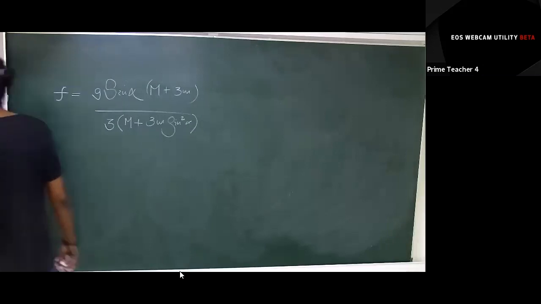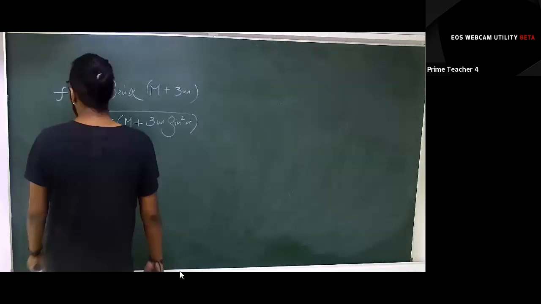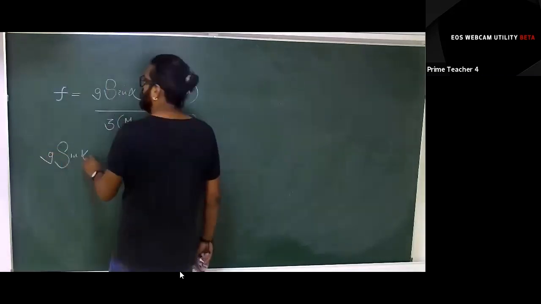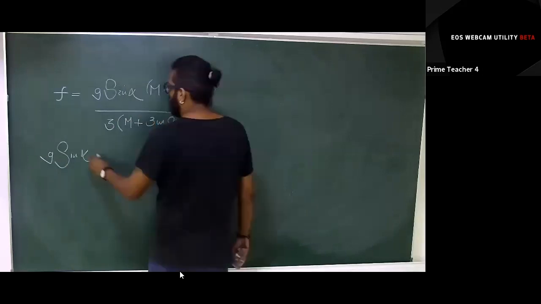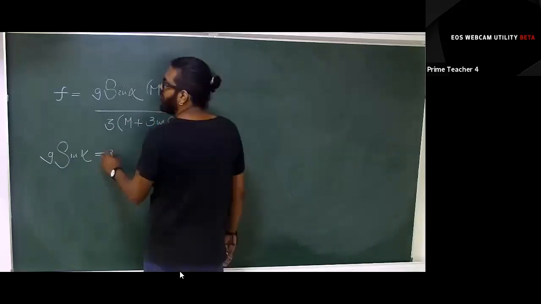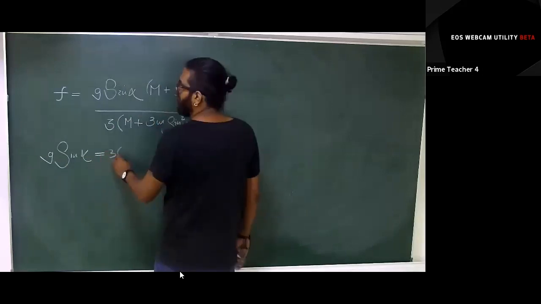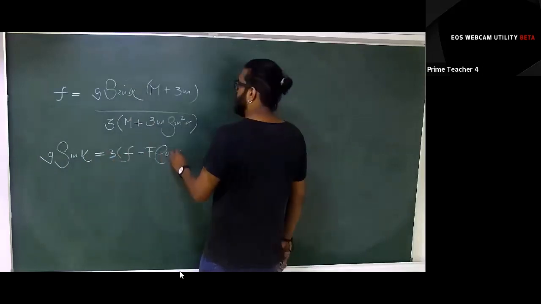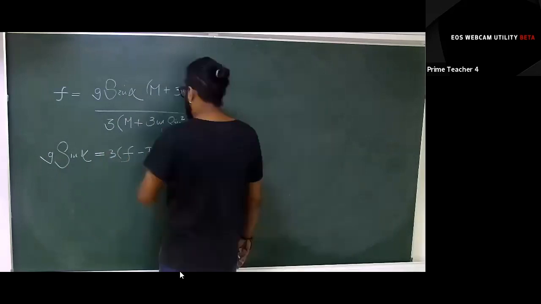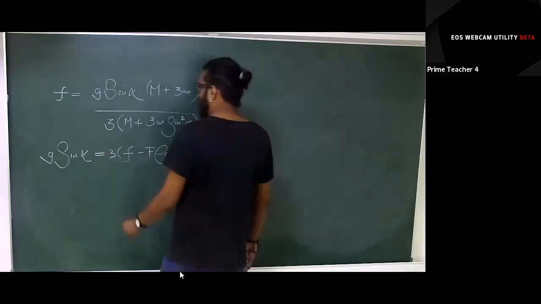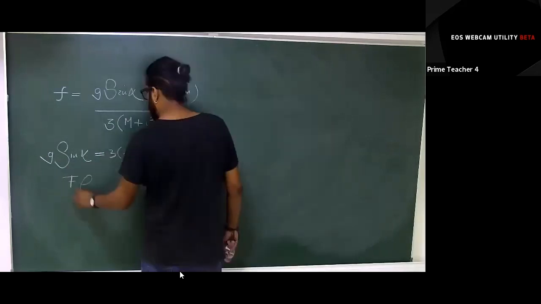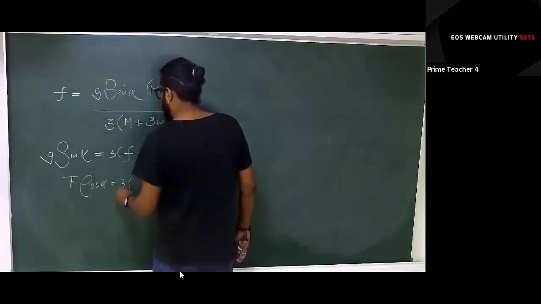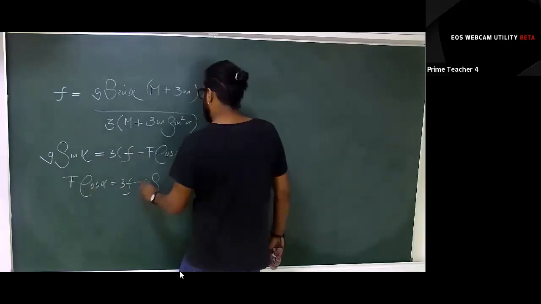So it says g sin alpha is equal to 3 times f minus capital F cos alpha. So if you take this term to this side, that's capital F cos alpha equals 3f minus g sin alpha.